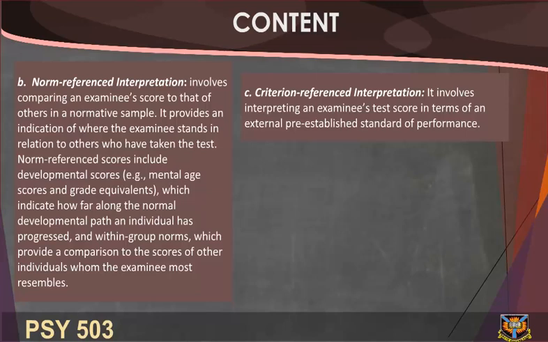Norm reference scores include developmental scores, e.g., mental age scores and grade equivalent, which indicate how far along the normal developmental path an individual has progressed, and within group norms, which provide a comparison to the scores of other individuals whom the examinee most resembles.